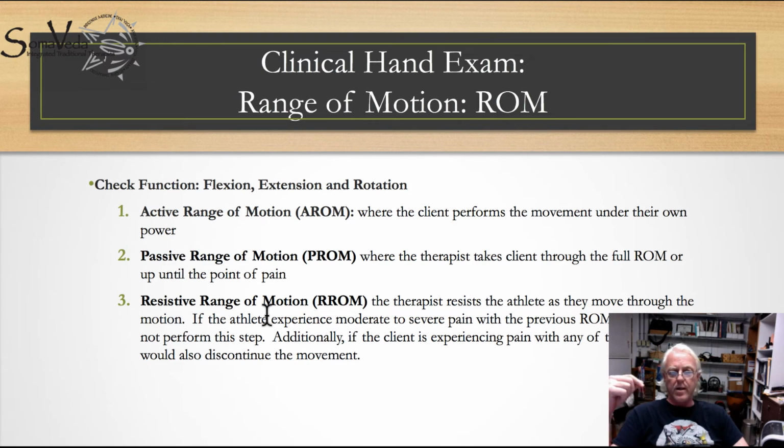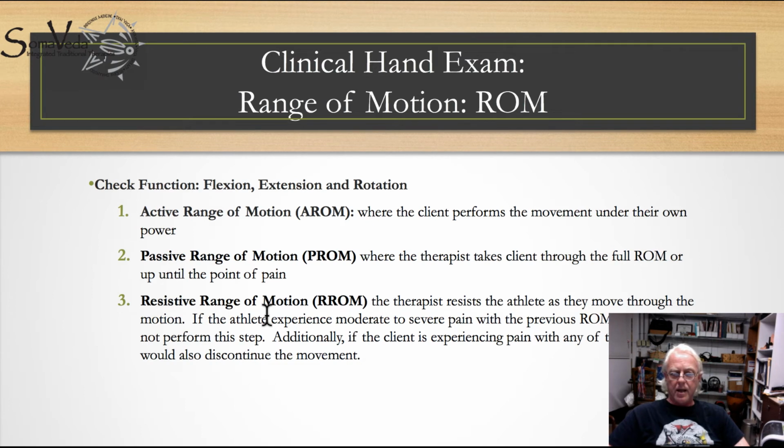The third range of motion, or ROM, is resistive range of motion. And this is where you move through your circles in range of motion, okay? But at the very same time, I'm going to hold on to your hand and I'm going to resist as you make this range of motion.